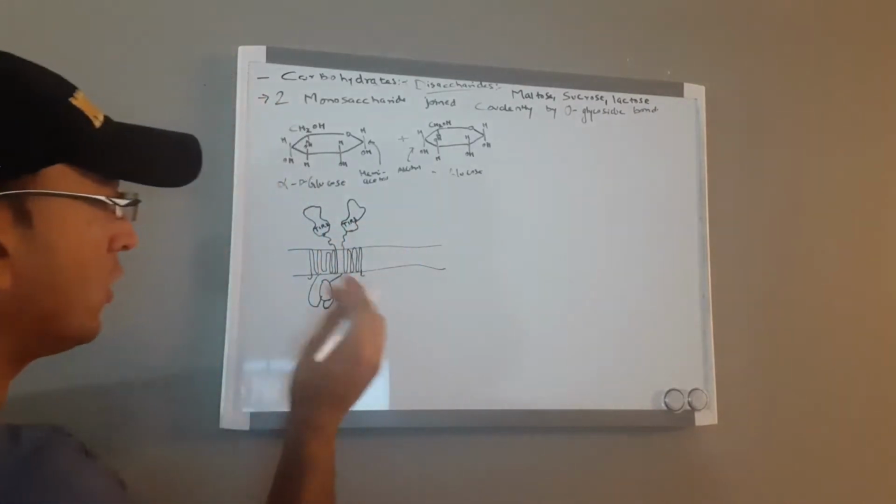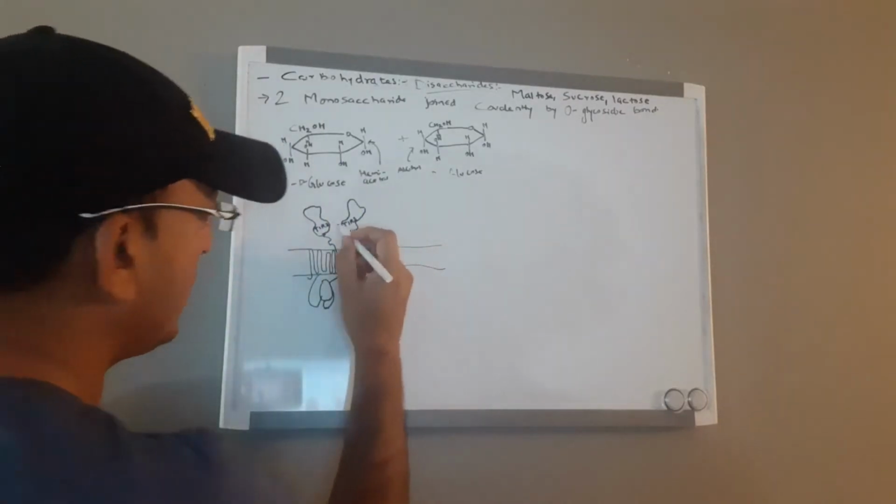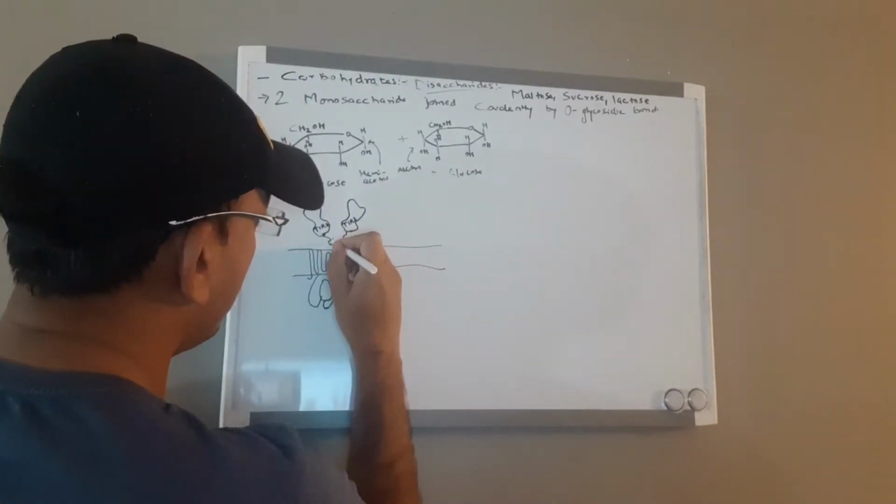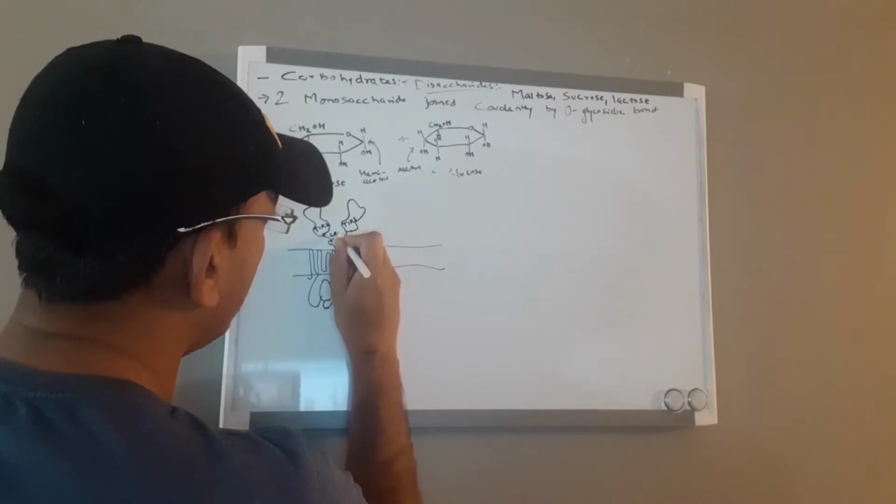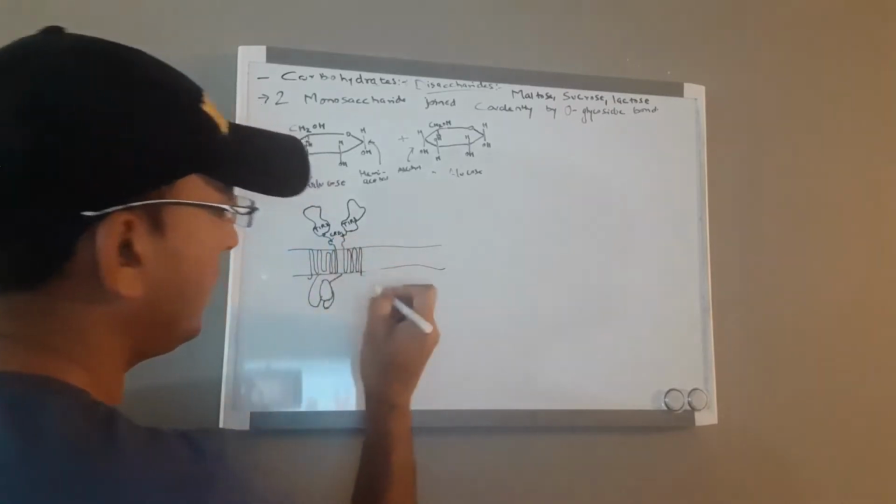So I will explain what is T1R2, T1R3 and everything. And here is CRD.